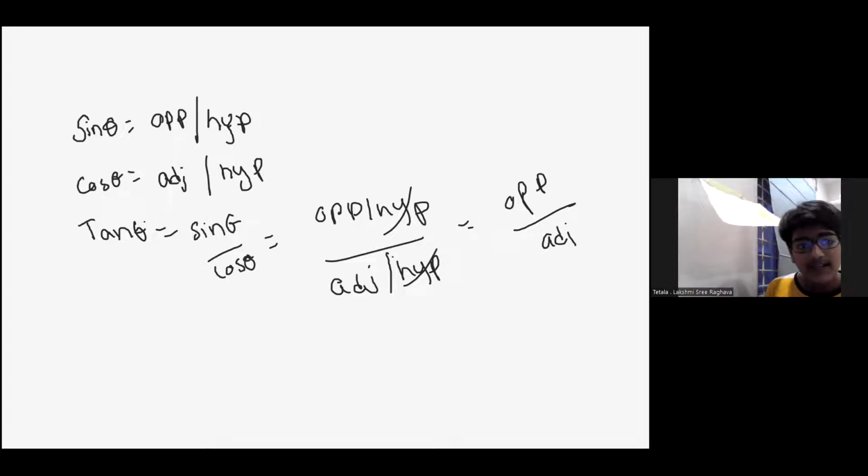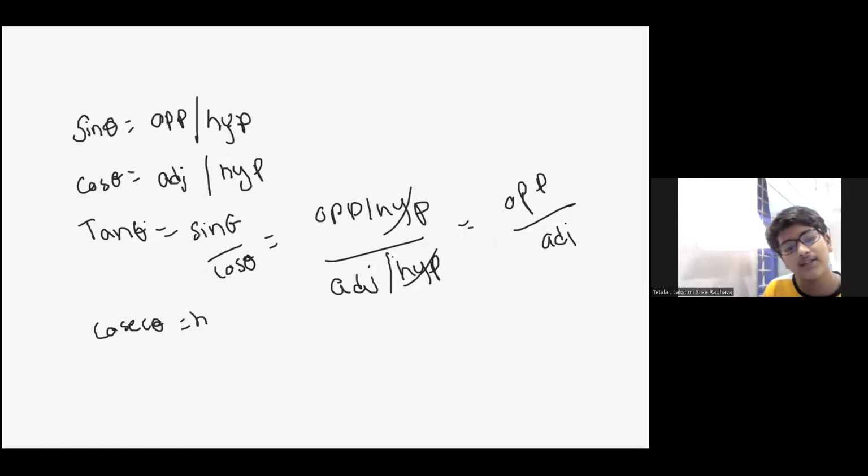Then cosec or cosecant theta is equal to hypotenuse by opposite. Basically, normally they say it is 1 by sine theta. If we write sine theta as opposite by hypotenuse, the hypotenuse comes up, so we write hypotenuse by opposite.